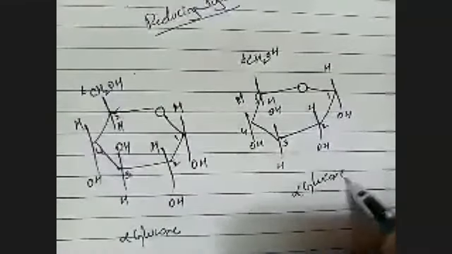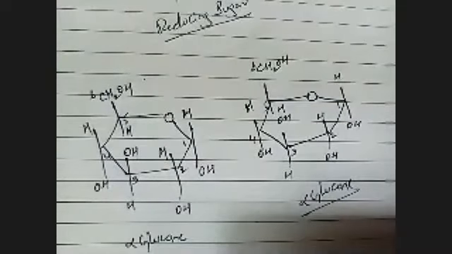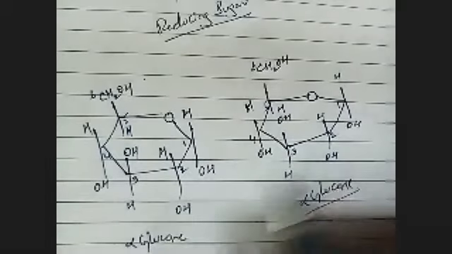Okay, I'll just number the carbons. Can you see? Yes, this is also alpha glucose, and this is also alpha glucose. By this structure, we can see the two alpha glucose units sit side by side.